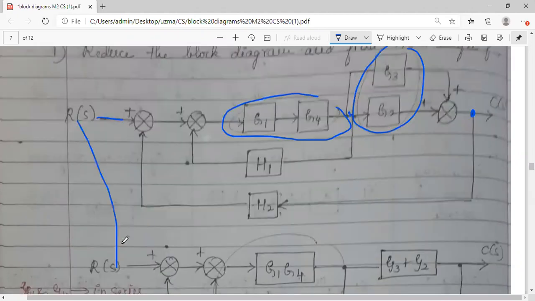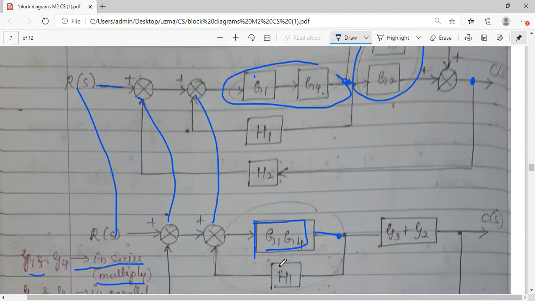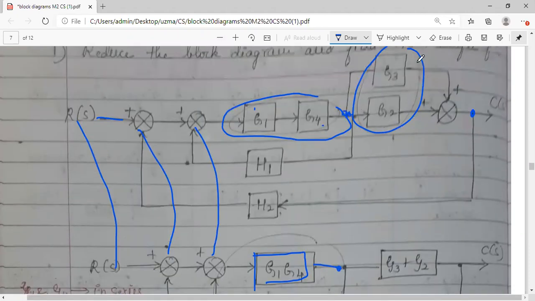What I have done, R of S as it is, adder as it is, this is also summing point as it is. Instead of G1 and G4, I have taken one single block, G1 into G4. Then there is a takeoff point, the takeoff point as it is. After this parallel G2 and G3, I have taken one single block.